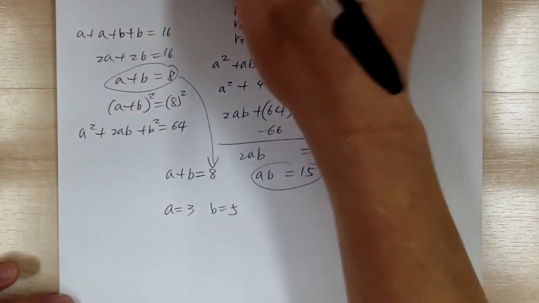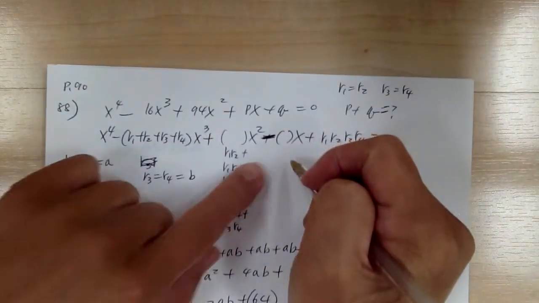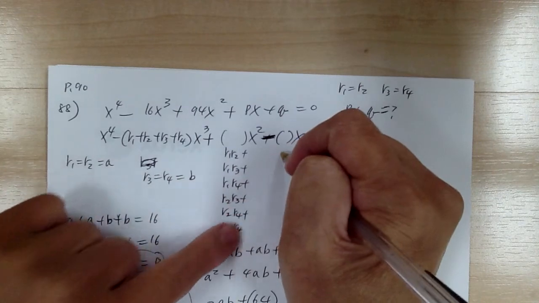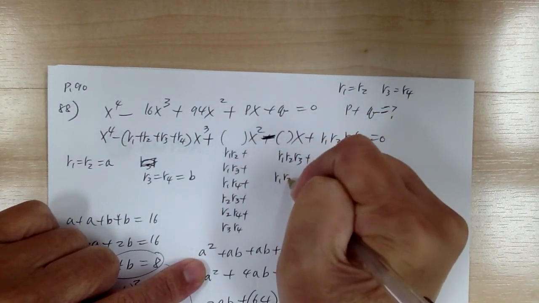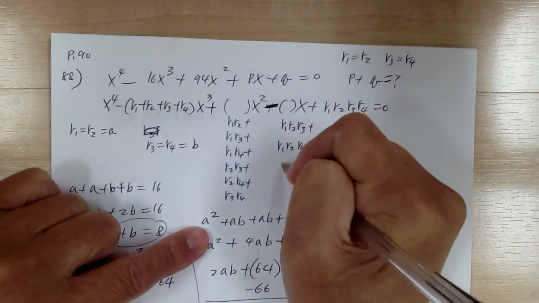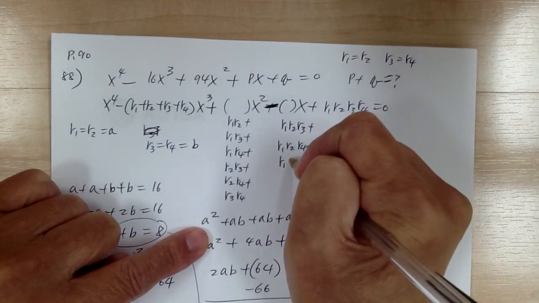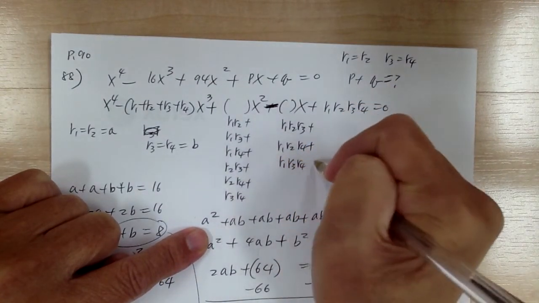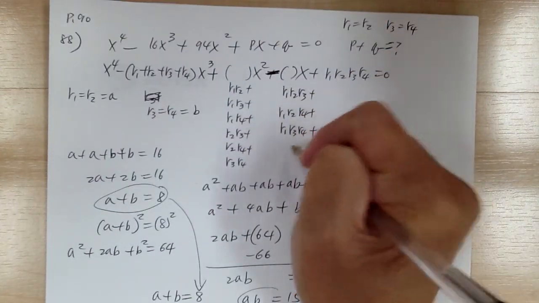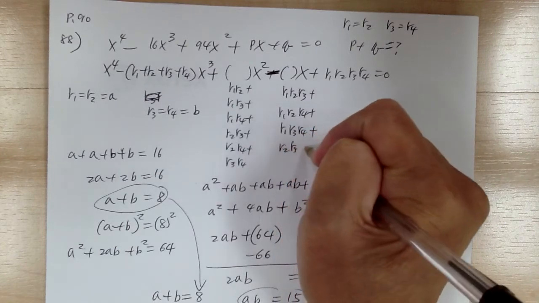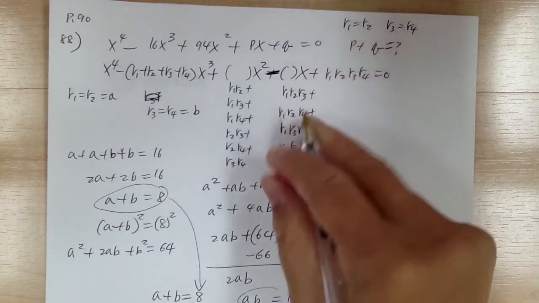If you match this part over here, what goes into the parenthesis, 3 at a time, would be R1, R2, R3, plus R1, R2, R4, plus R1, R3, R4. So this is missing R4, missing R3, missing R2, then you're missing R1. So that's what goes in here.